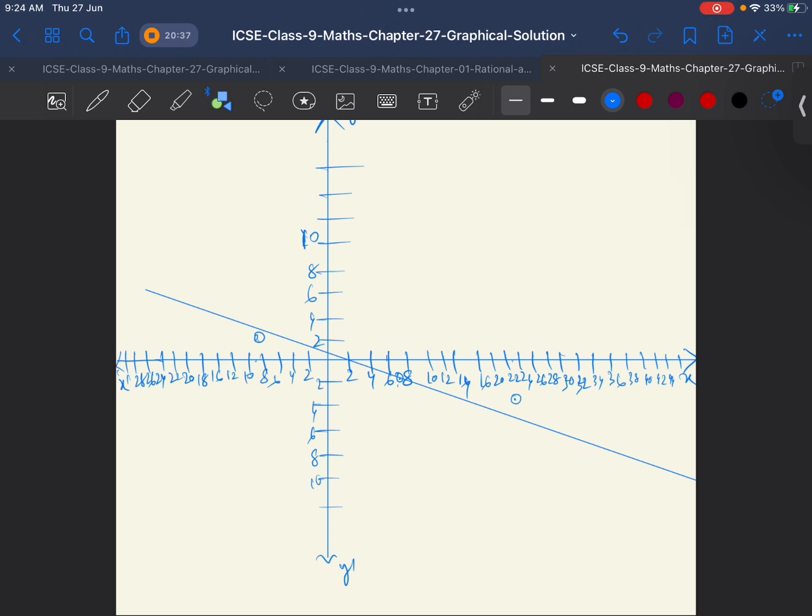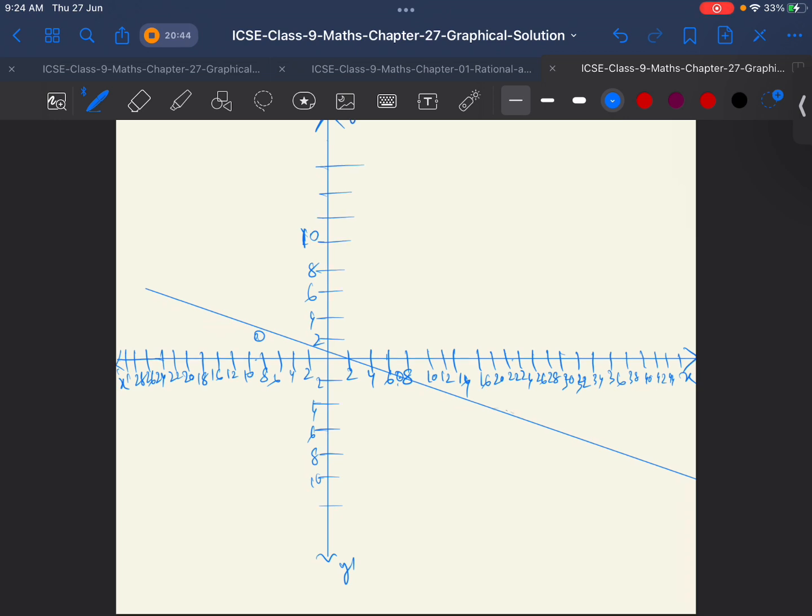Okay, (23, minus 4) is here. Okay, now we plot for the equation 2. The point (7, minus 1) is here, and (42, 2), 42 is here, 2 is here, so this is the point.